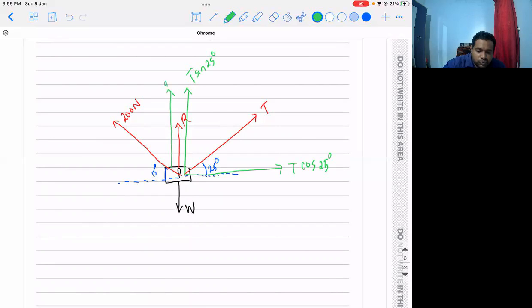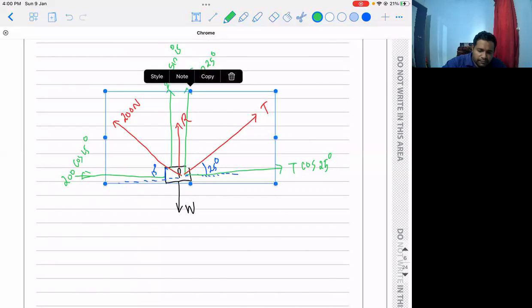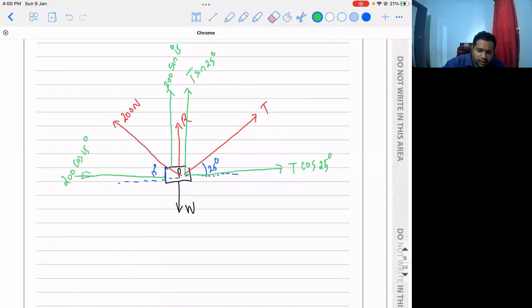It is 200 sin 15 degree, and here it is 200 cos 15. So due to the concept of resolving, we can simply remove this part. Which part? Because we already considered the effect of this, right?